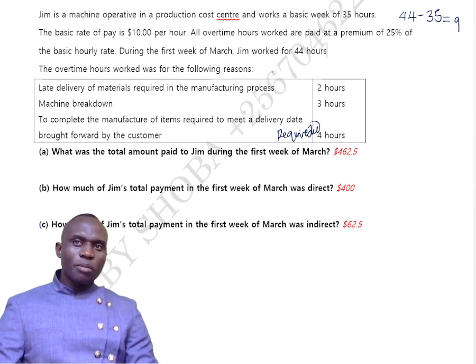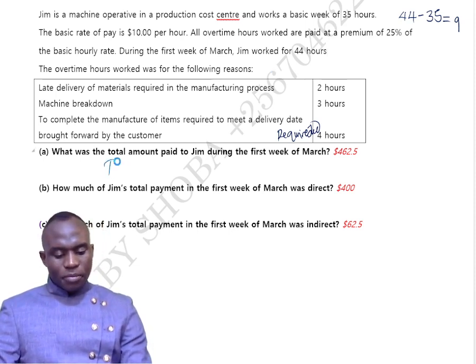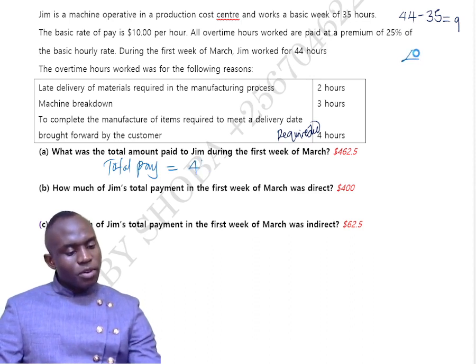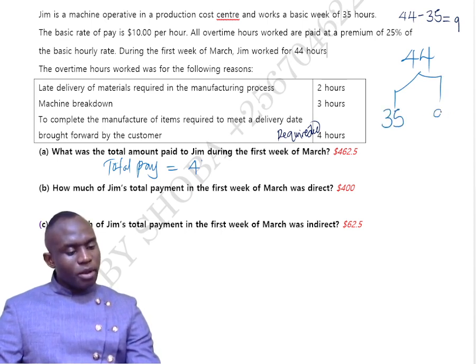Okay. Now we start. They want us to calculate total payment. Now to get the total payment, we don't need this data that is in the table. So total payment is, the guy worked for 44 hours. So these 44 hours are divided into 2. We have 35 and we have the extra 9 hours.